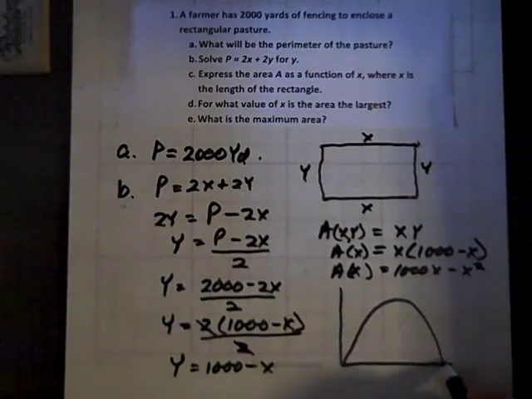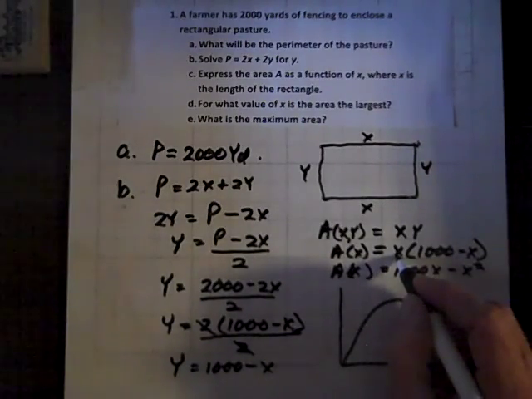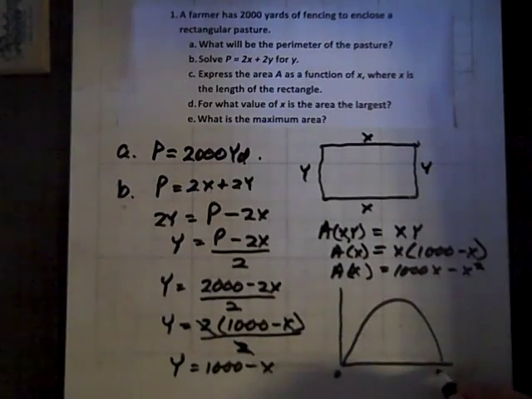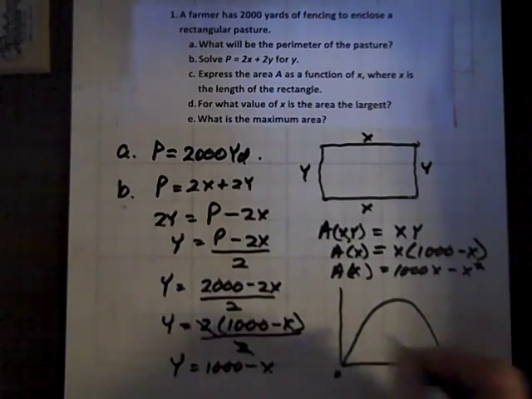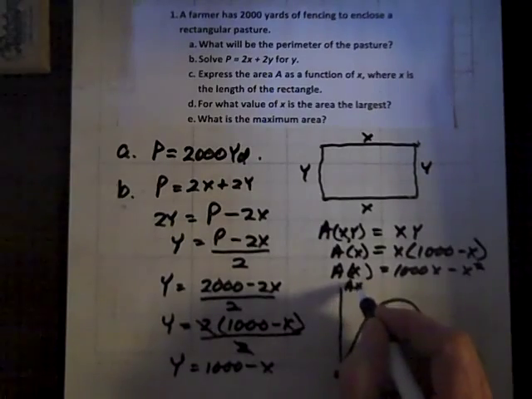And it has zeros at what value of x will take this to 0? Well, 0 will for one, and 1,000 will for another. So this is x, and this is A of x.